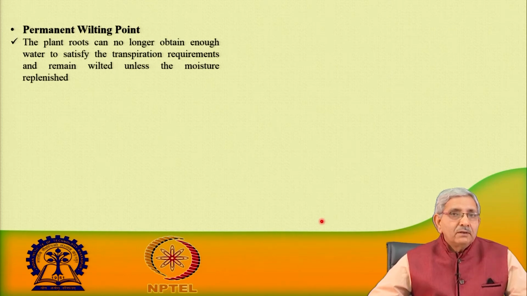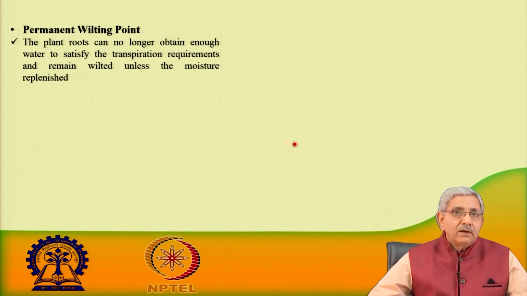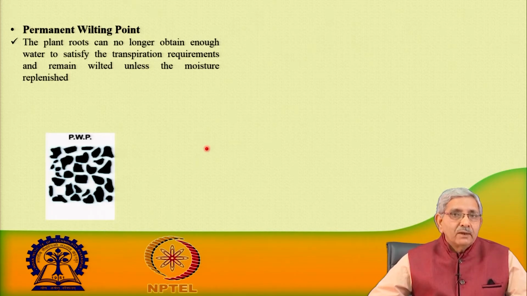Permanent wilting point: plant roots are not able to extract soil moisture, meaning the soil moisture available in the soil is not adequate enough to be withdrawn by the plant to meet the transpiration requirement. Here there is moisture content available, but the presence of air is dominating at the permanent wilting point.